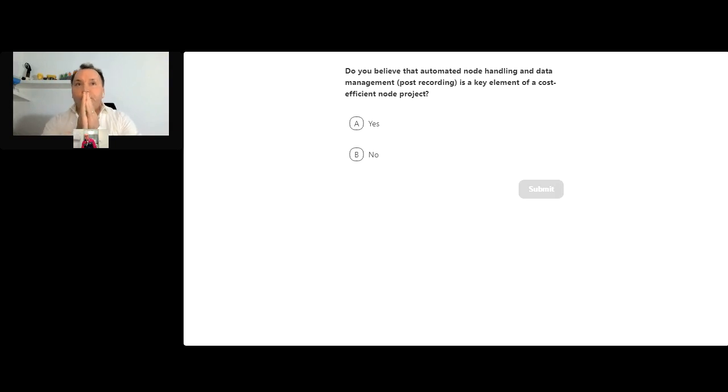A question for the audience. In the case of a very high density multi-year survey, do you believe that automated node handling and data management post-recording is a key element of a cost-efficient node project? Yes or no?